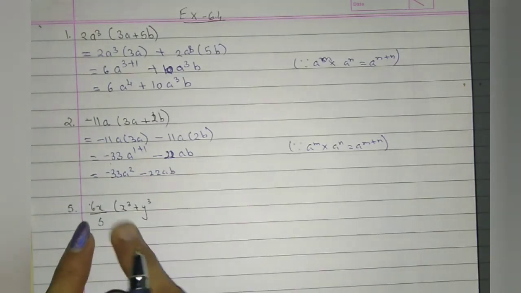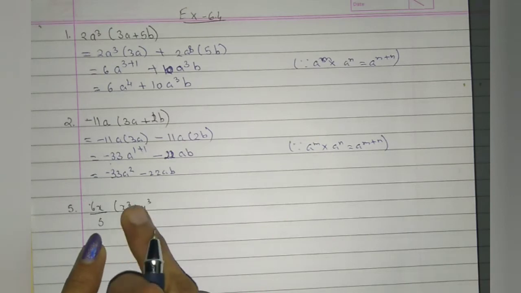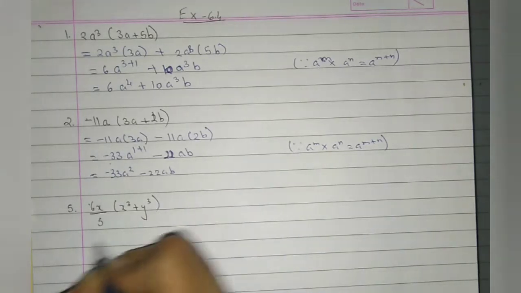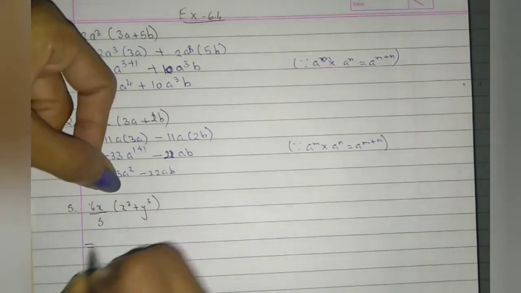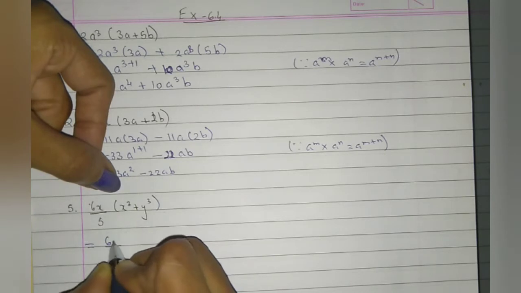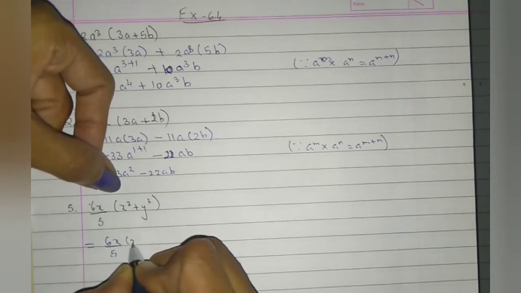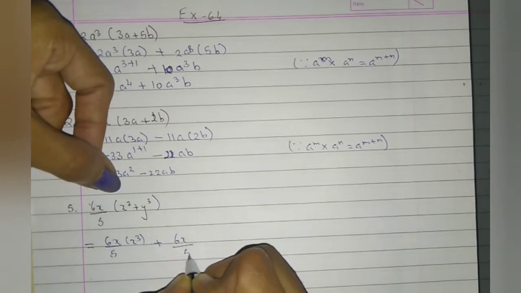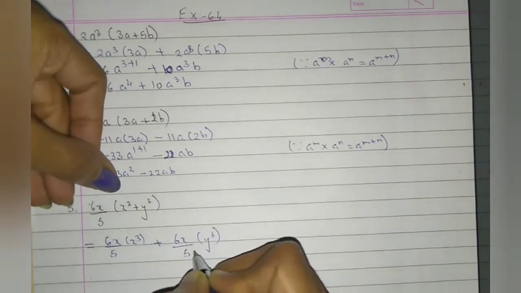Now the third one: 6x upon 5 into (x square plus y cube). Here also we open the bracket. So 6x upon 5 into x square, plus 6x upon 5 into y cube.